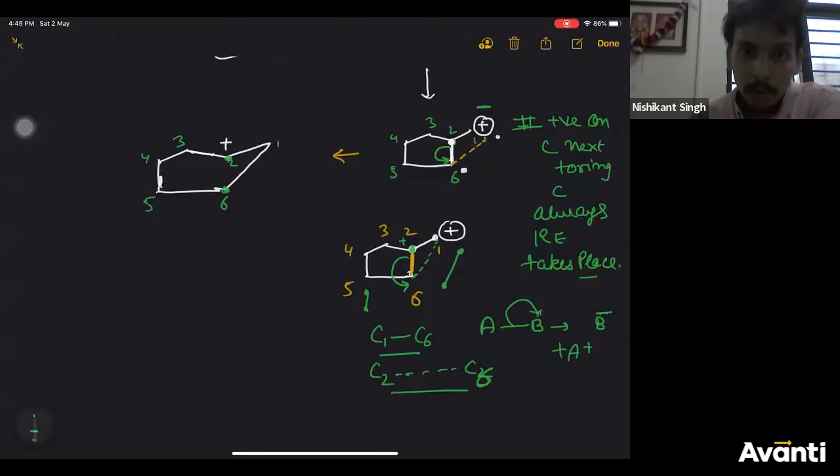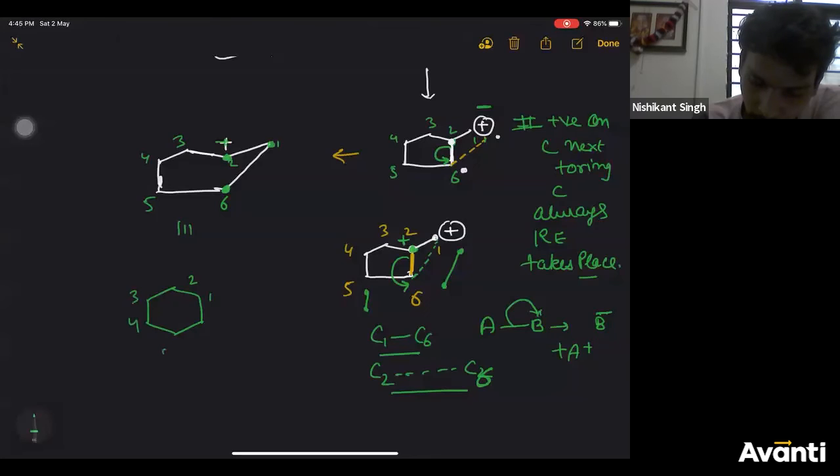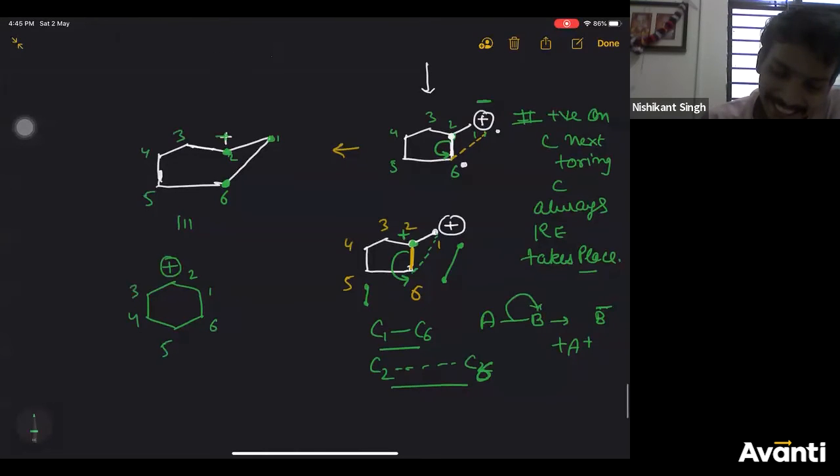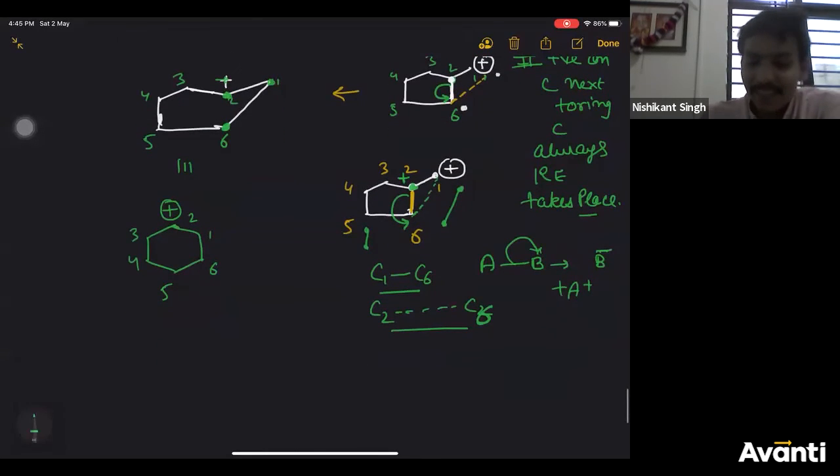Second carbon will get positive charge. So this can also be written as a 6-membered ring, 1, 2, 3, 4, 5, 6, with positive charge on second carbon, right?